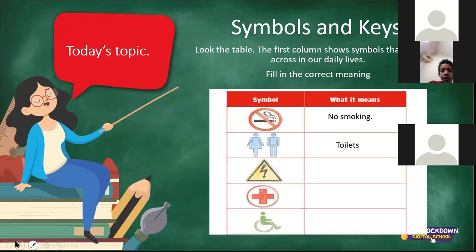Symbol number 3. What does symbol number 3 mean? We have Tyron. Number 3 means there's danger and electricity. Correct, my boy.